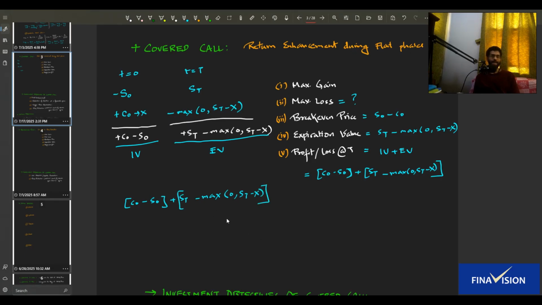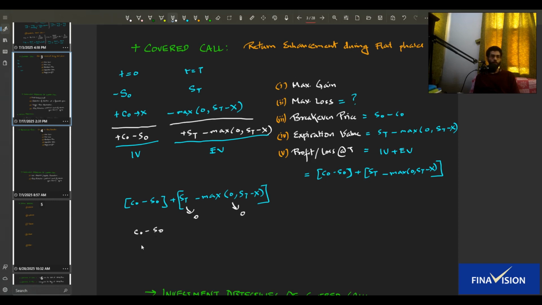Now let's say at expiry the stock turns to 0. What happens? Firstly, ST becomes 0, so the stock has become worthless, and secondly, this option has also become 0, which means it is not exercised. So in this case what happens is the actual cash flow remains at C0 minus S0.